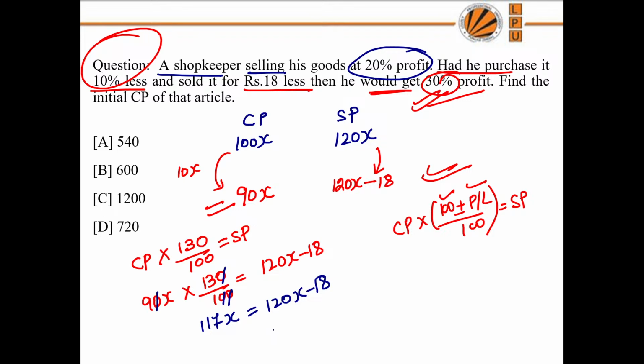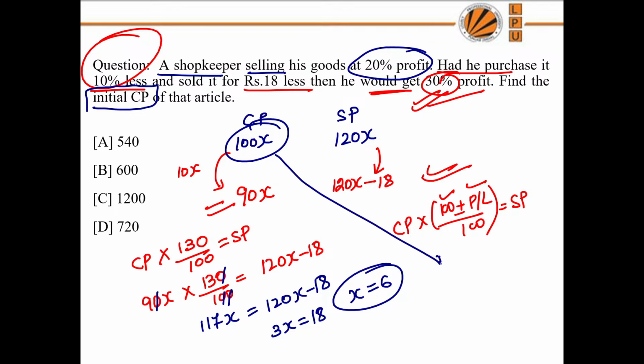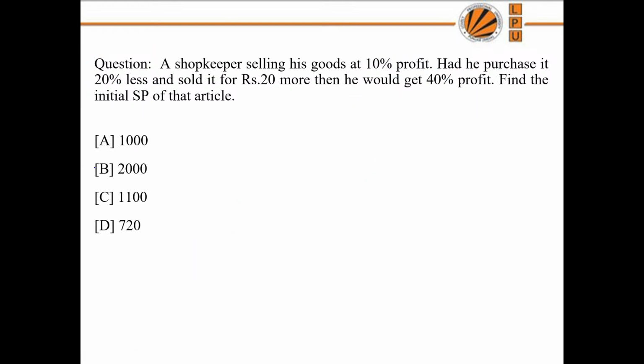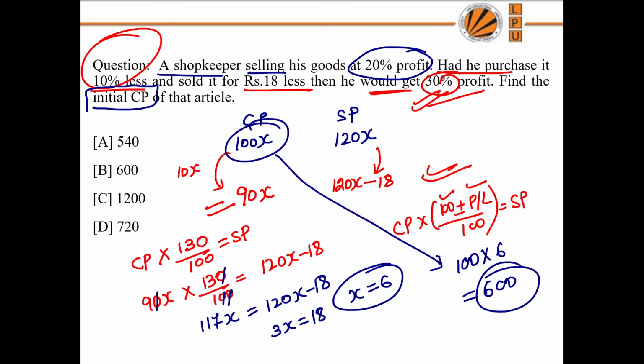Solving further, 3x is equal to 18, so x is equal to 6. The question is asking for the initial CP, which is 100x. So 100 multiplied by 6 will be 600. So 600 is the answer for this question.